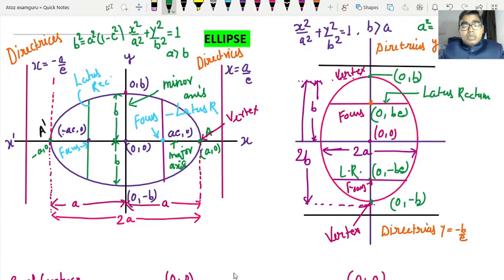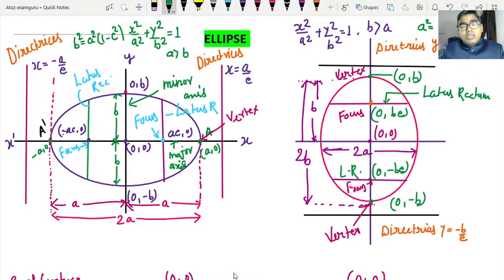And this point is called the focus, so the coordinate of the focus is a e comma 0. e is called the eccentricity of the ellipse, and the formula for eccentricity is given here: b square equal to a square into 1 minus e square, and in this case the other focus is minus a e comma 0, right friends.